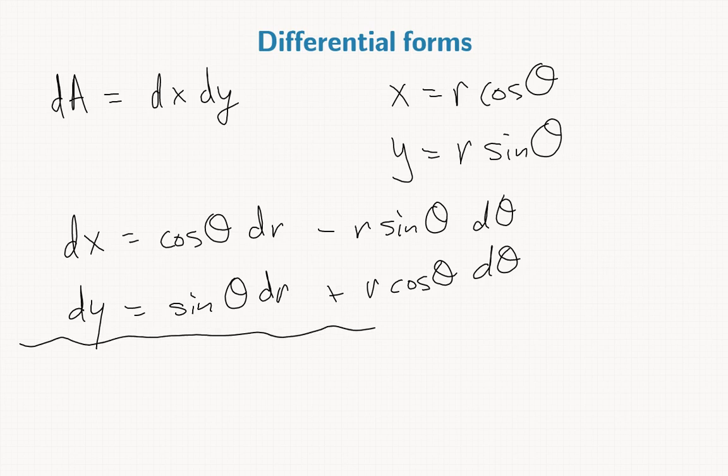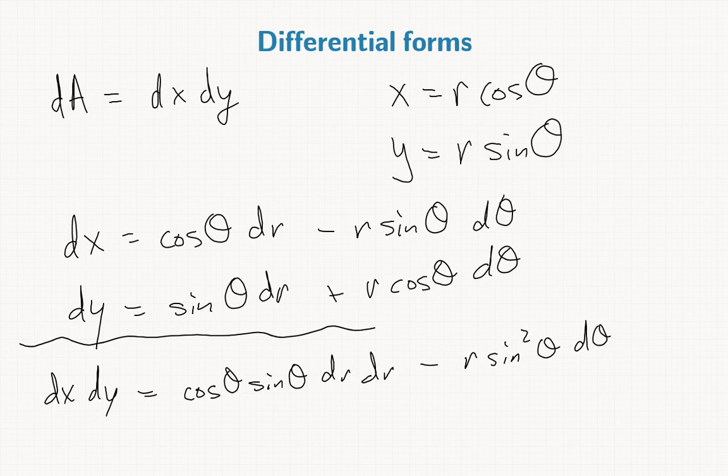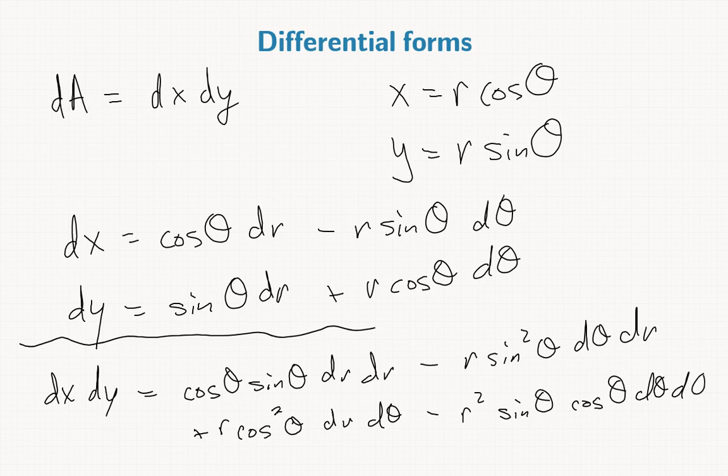And so dx dy will be cos theta sin theta dr dr minus r sin squared theta d theta dr plus r cos squared theta dr d theta minus r squared sin theta cos theta d theta d theta.